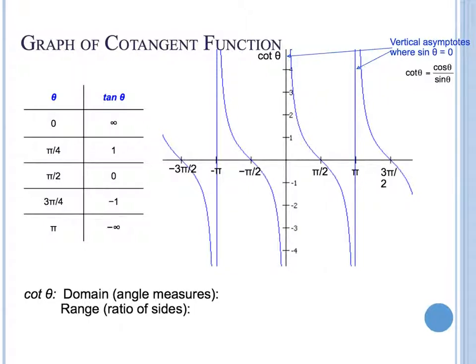Now my cotangent graph is similar. I have problems not at infinity or negative infinity. Those are the places where it is undefined. And where it is undefined, I have a vertical asymptote.